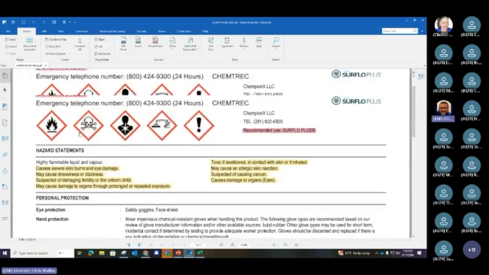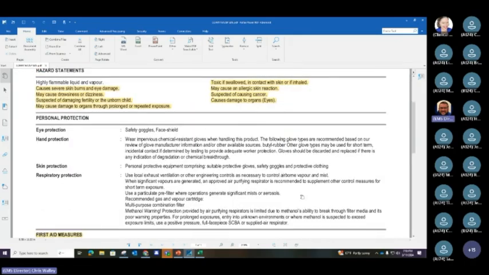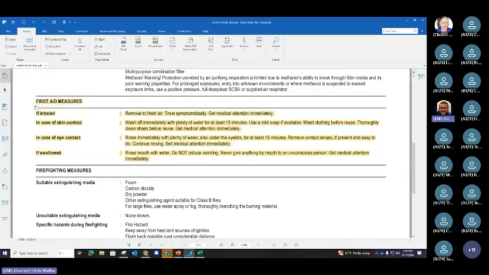The company that makes it says, here are the standards for handling this product to keep you safe. It doesn't just call for regular rubber gloves. It has to be a certain type of rubber gloves. So what we want to look for is right down in here, first aid measures.